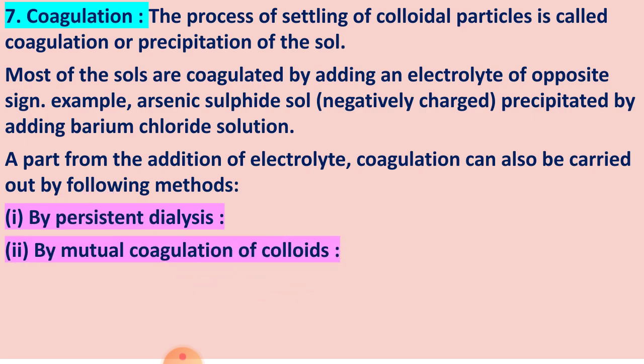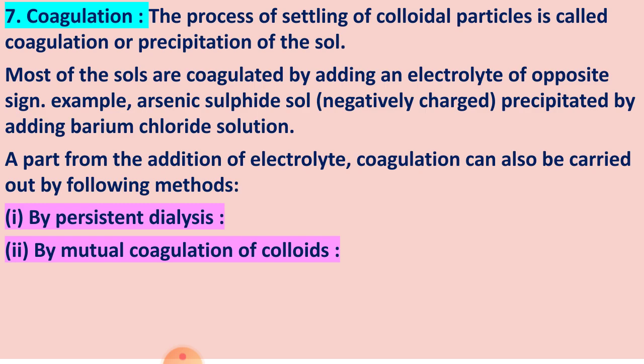The second method is mutual coagulation of colloids. Here, when two sols of opposite charges are mixed together in a suitable proportion, coagulation takes place. The charge of one is neutralized by the other.